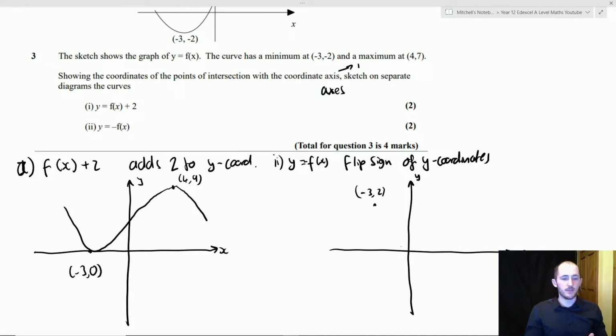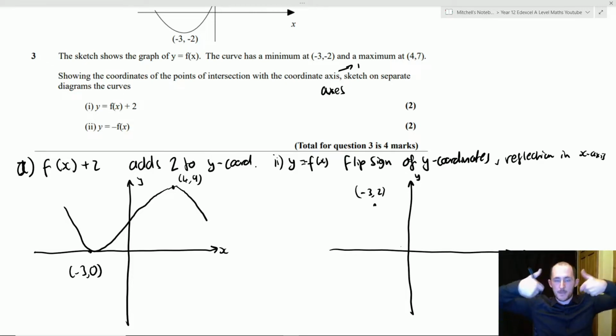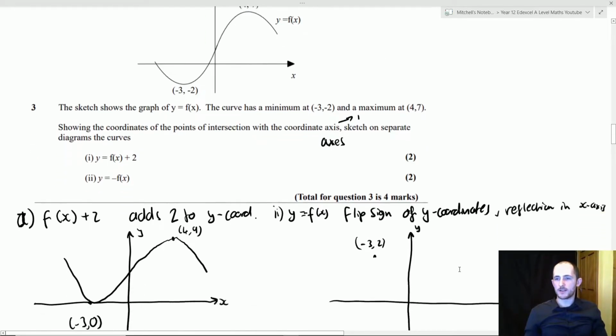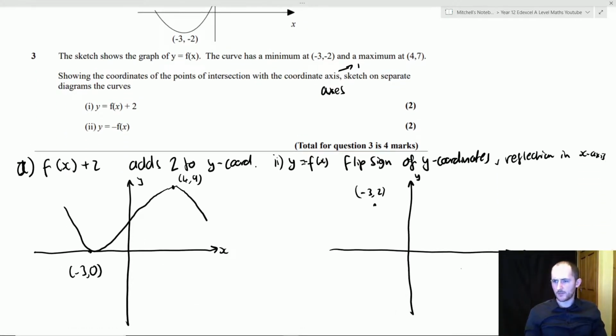And one thing to note is that when you have a minus f of x, it's the same as a reflection in the x-axis. So that may sound a bit fancy, but all you're doing is you're taking it and flipping it over. Okay? And then you also have 4 minus 7.